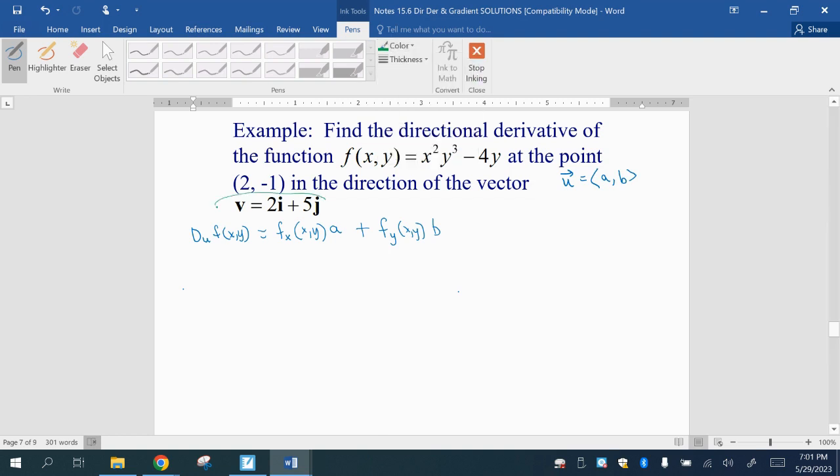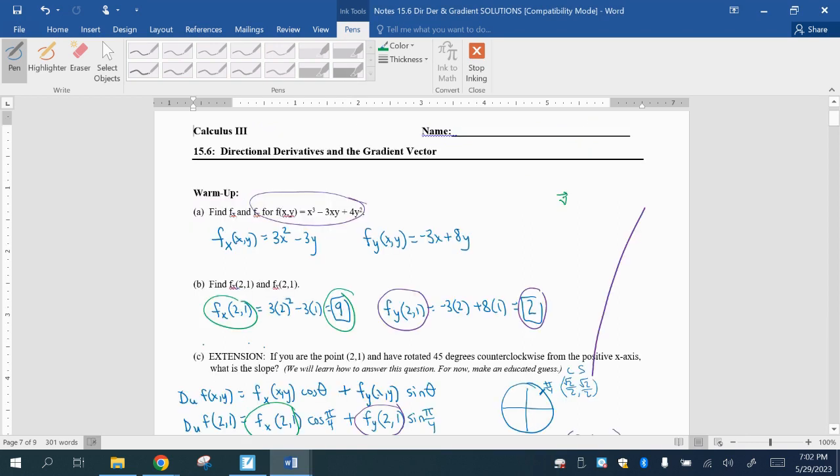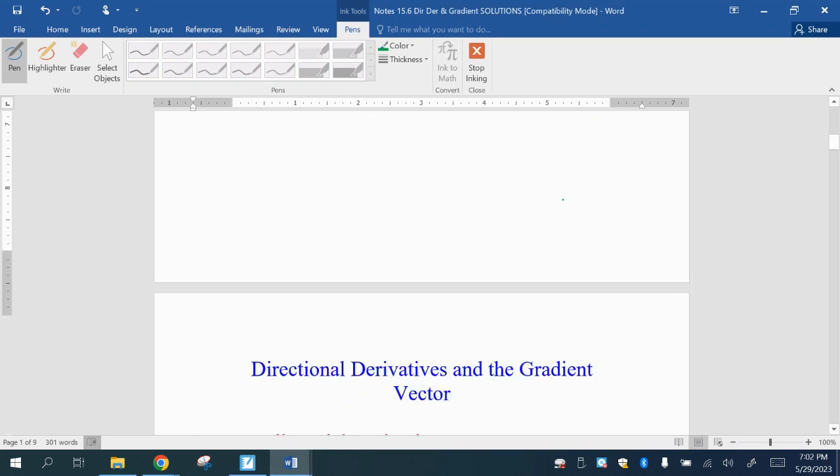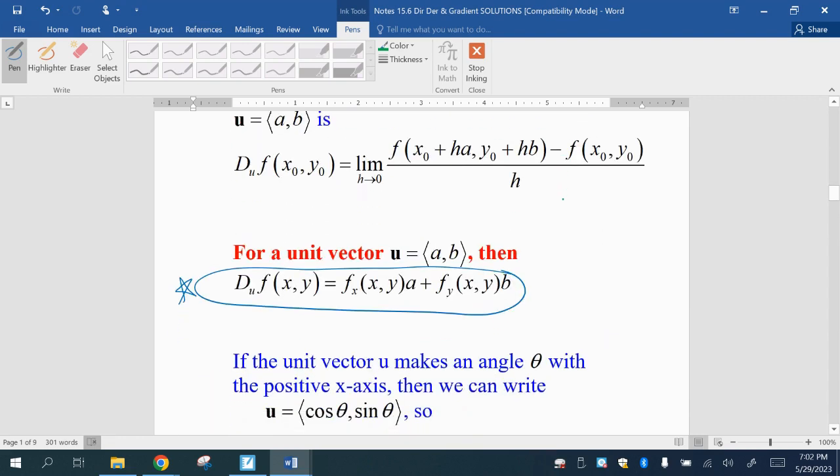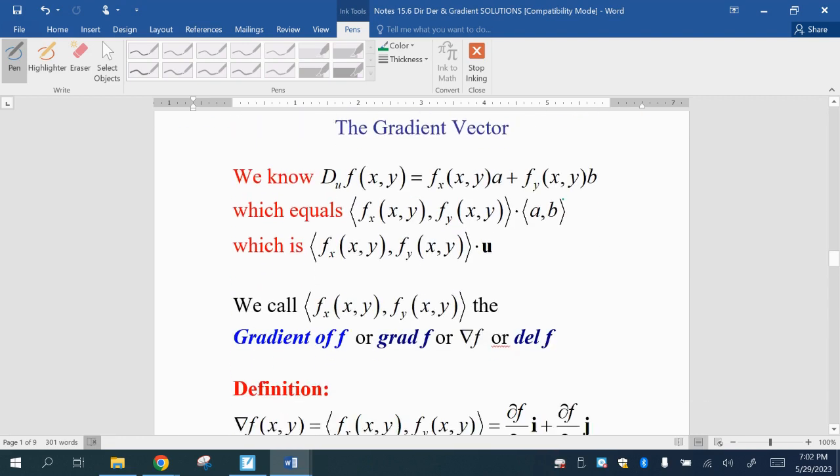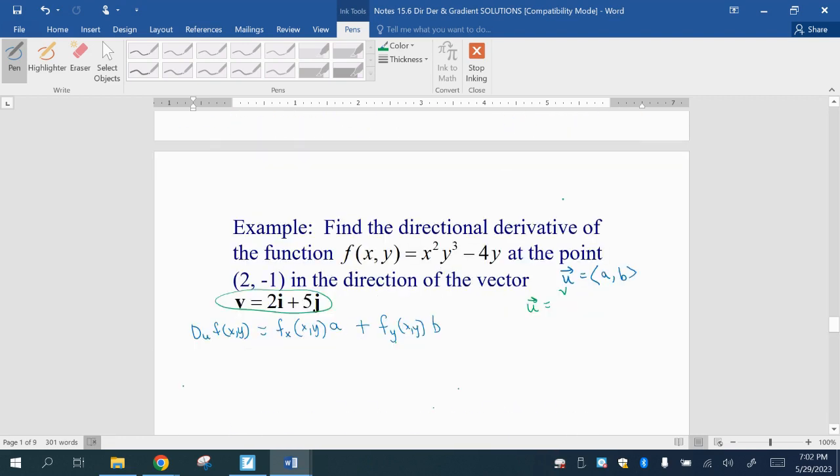If we are given this v value, then the unit vector can be written as the v vector divided by its length.